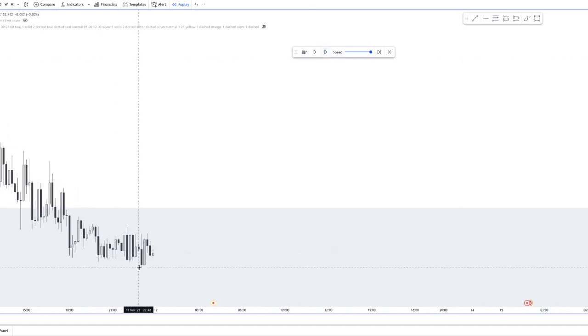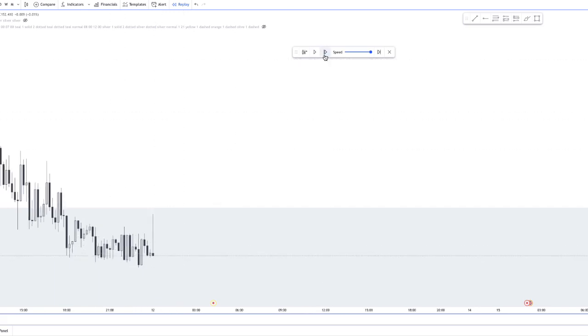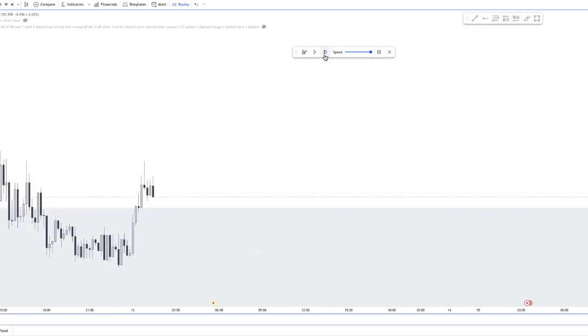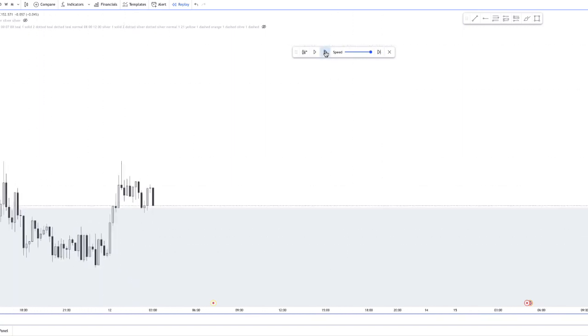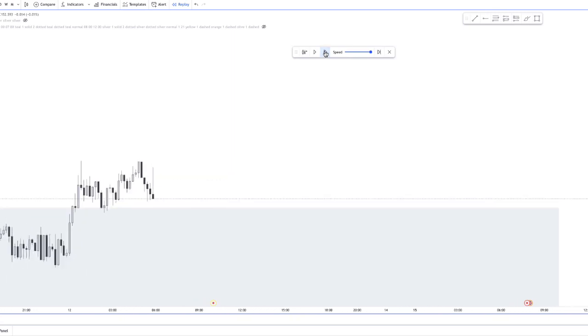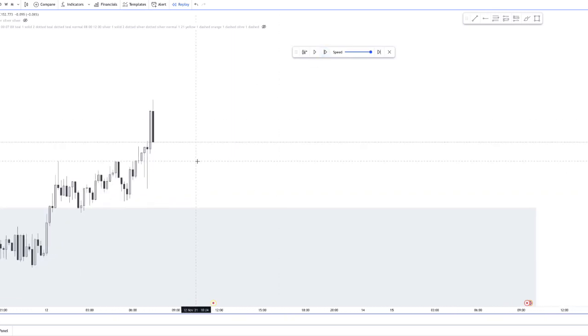Price took out all this liquidity, but we are at the close of New York, between the close of New York and the Asian session, so I'm just waiting. Price created this huge movement, broke this structure, trying to break this structure too, and created this 1, 2, 3 mitigation.